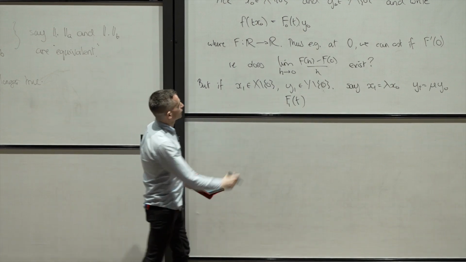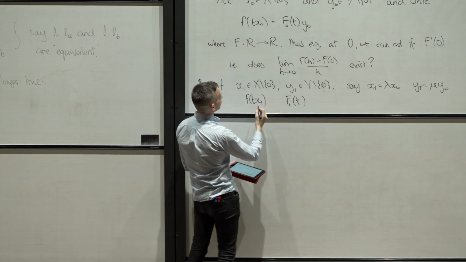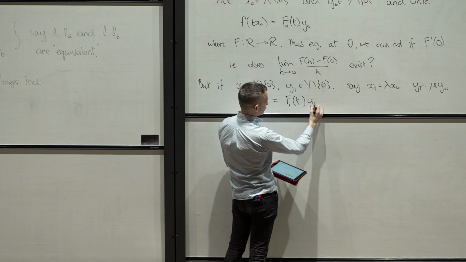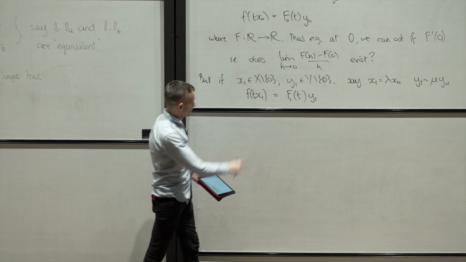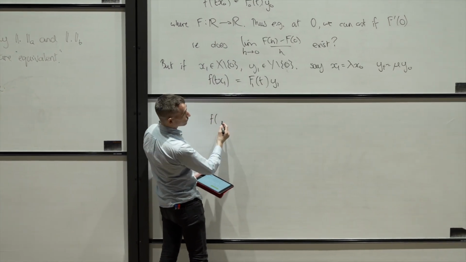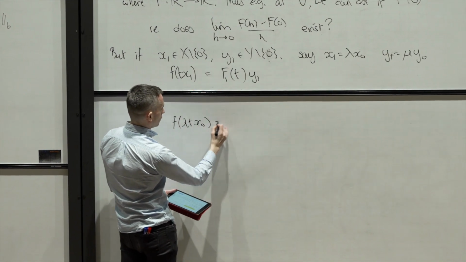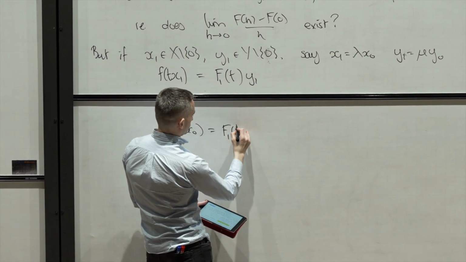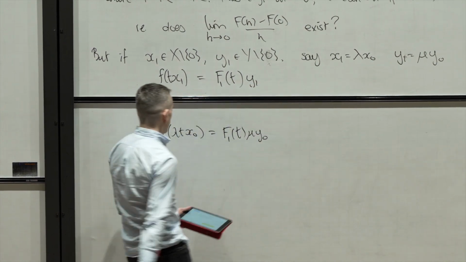So the way I've defined it up here, I would have f of t x1 should be capital F1 of t times y1. Now let's just translate what that means in terms of x0. So t times x1 is f of lambda t x0, which is therefore F1 of what I'm calling t, and y1 is mu y0.